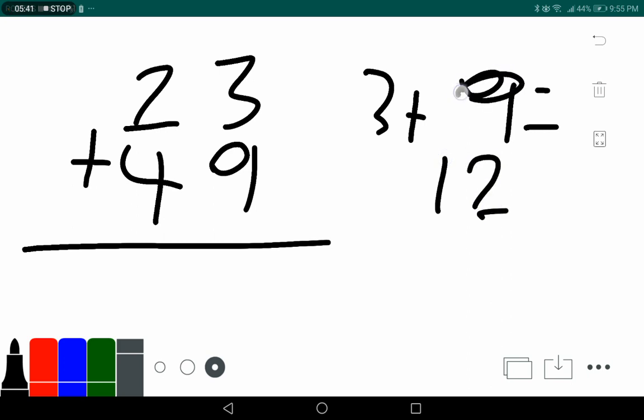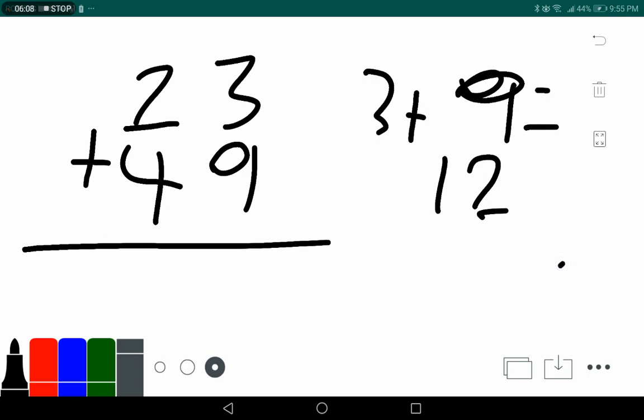Just remember, if you're gonna add anything plus 9, it'll always be its counterpart in the teens numbers, because those are the ages where teens are.